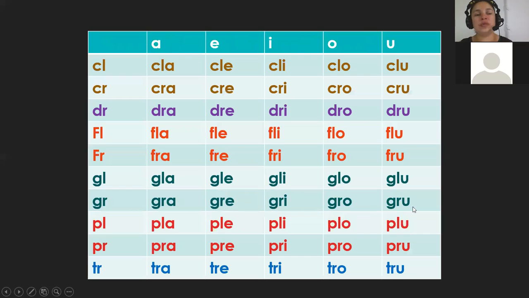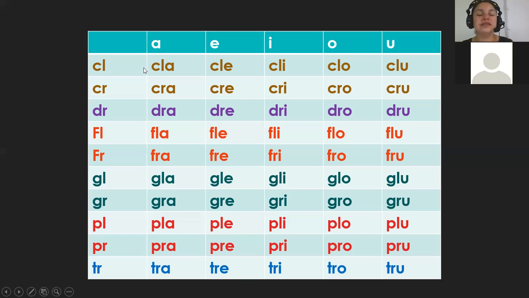So we also have this group of letters, consonants together with the vowels. Well, we also have bla, ble, bli, blo, blu. Also, bra, bre, bri, bro, bru. Well, here I start from the CL. I just try to put as many as I could in this chart.